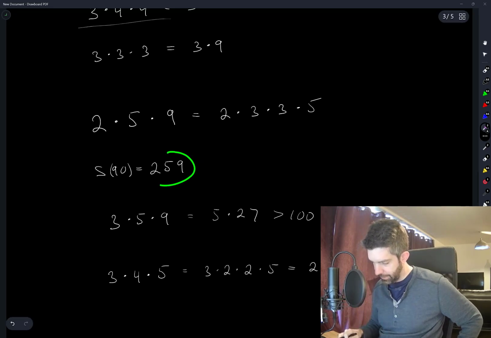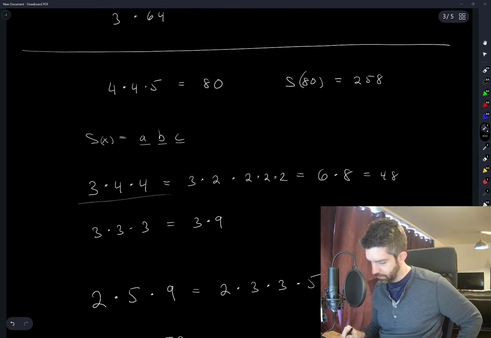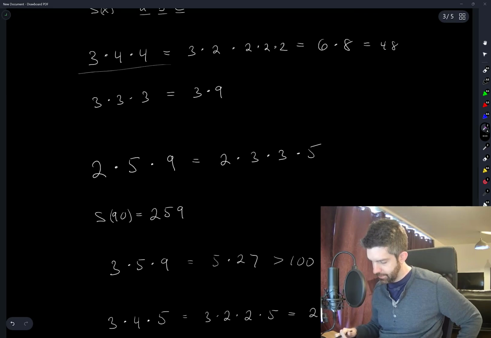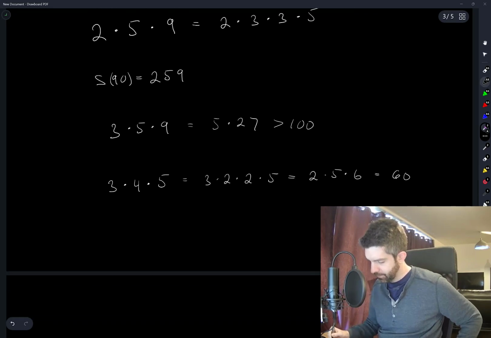So 259. Have I found one that's 258? You notice that these, 256 and so on, are all going to be the multiples of 10.